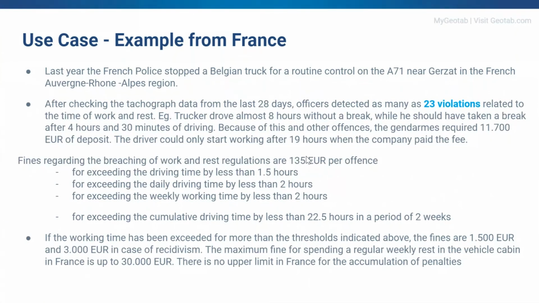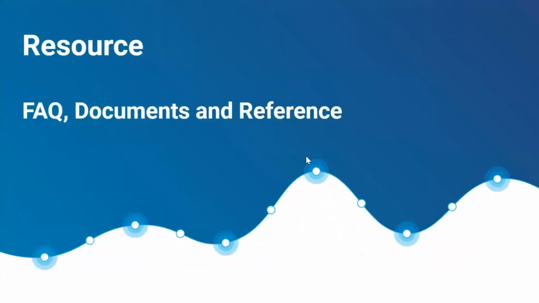As a result of that, there was a requirement for about a €12,000 deposit, and the driver could only start working 19 hours after the company paid the fee. So if you think about it, it's quite serious with what you can get out of it. So very important to comply and respect it.